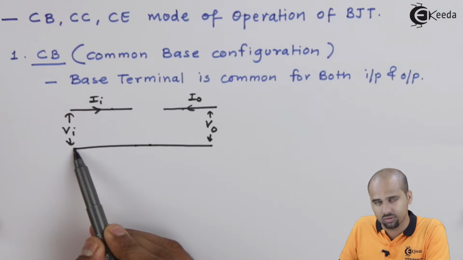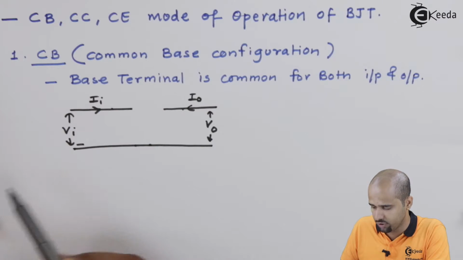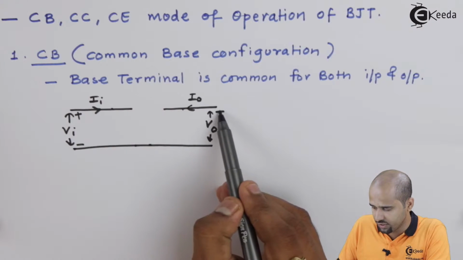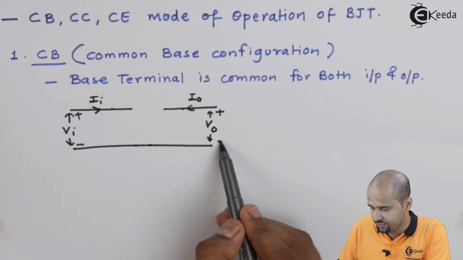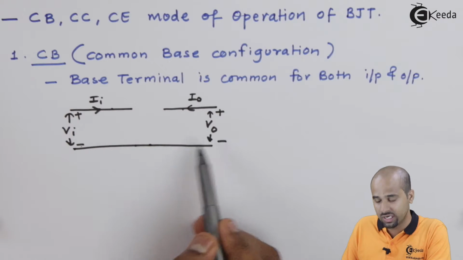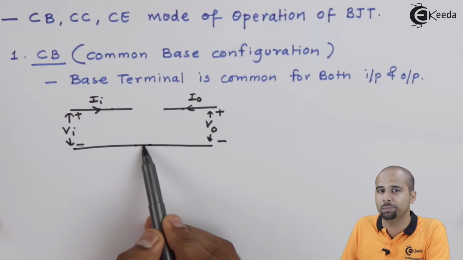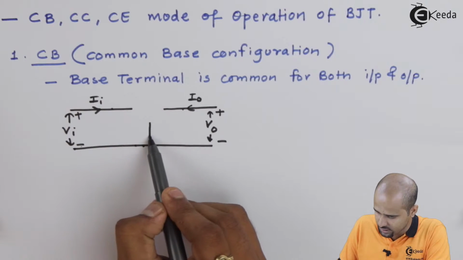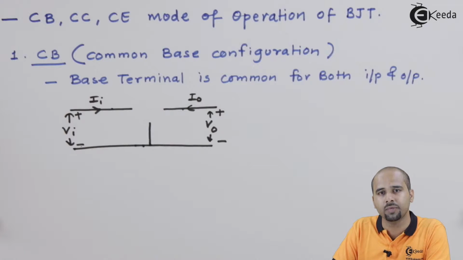Here is the negative terminal of input, here the positive terminal of input, here the positive terminal of output, and here the negative terminal of output. The negative terminal of input as well as output is connected to one common node, and that I will connect to the base of the BJT. That is why it is called common base. Now the question arises, what will be your input and what will be your output?